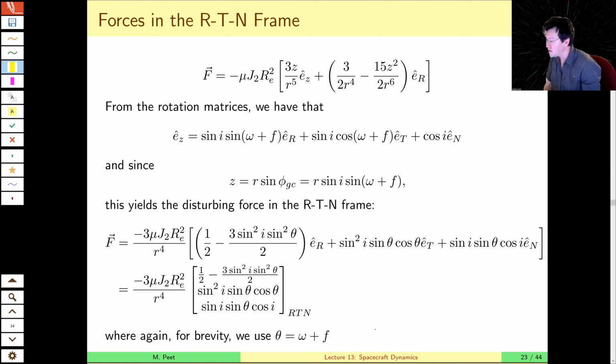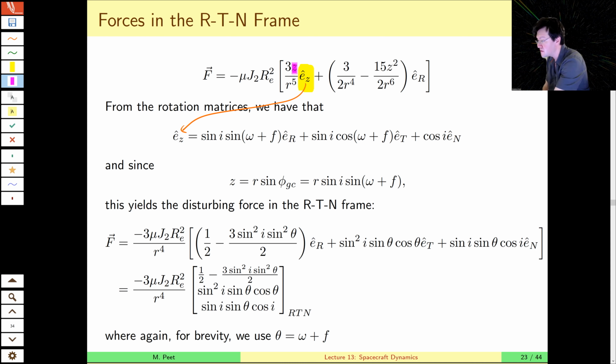So okay, we're almost done. Now all we've got to do is, we had this expression from the previous slide. Now we've just got to plug in here an expression for E hat Z. We would also like to eliminate Z as well, right?